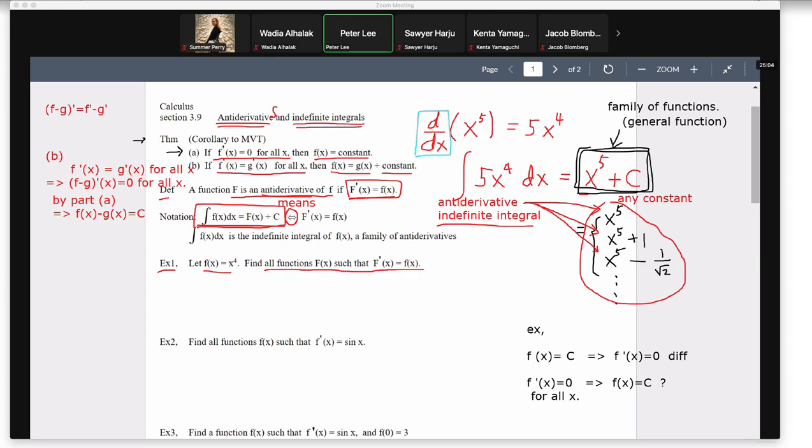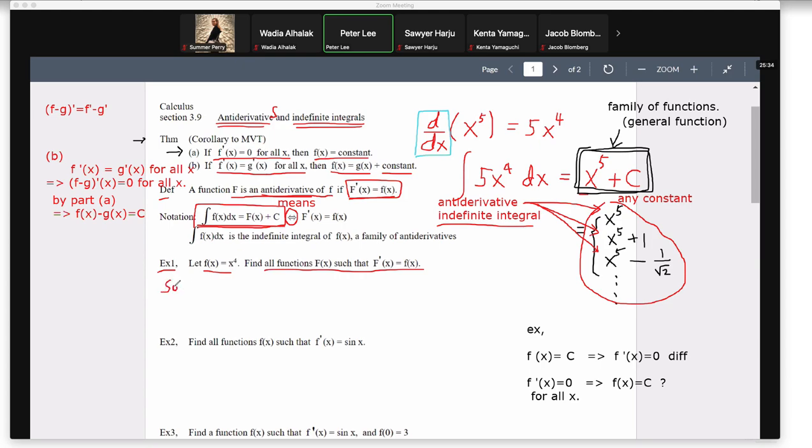Here, they're not asking us to find the derivative of small f, but to find the function whose derivative is small f. So how do you write this? What's the antiderivative, or the indefinite integral, of x to the 4th power? And that will be the solution here.